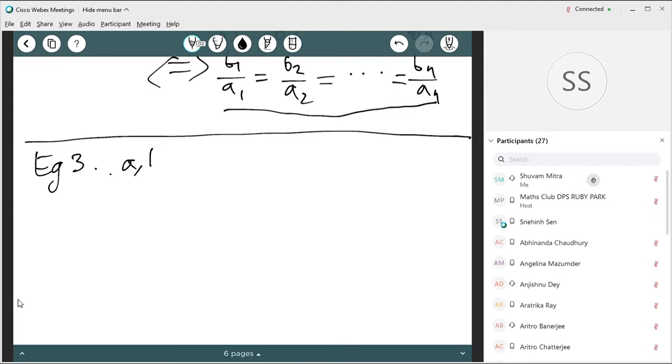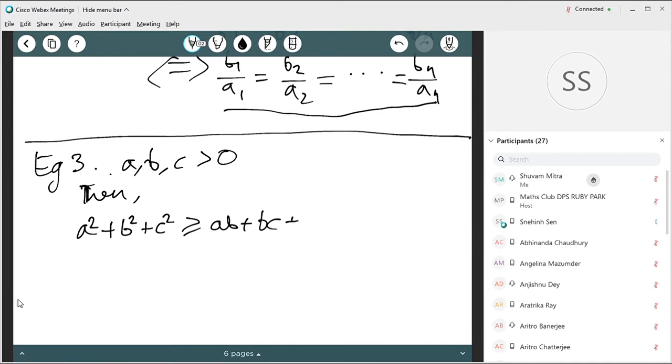a, b, c greater than 0. See, in our first example itself, we have a greater assumption. We don't need the 0 case. We don't need negative cases as well. We are just considering positive reals. Then I need to prove, using Cauchy-Schwarz, this inequality.